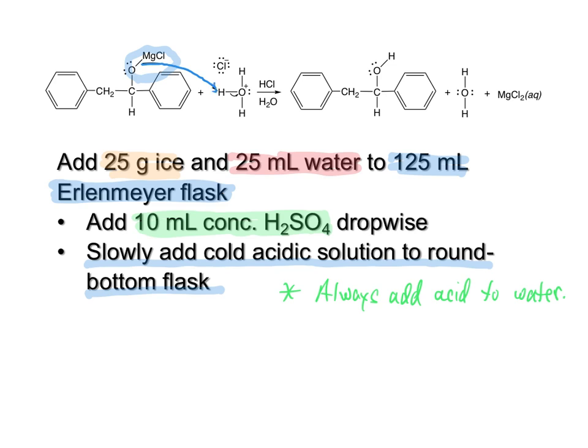It's going to take the hydrogen ion. And so then we end up with our final product in a two-phase ether aqueous system that we will then need to separate.